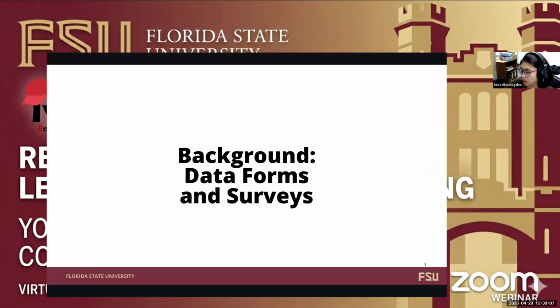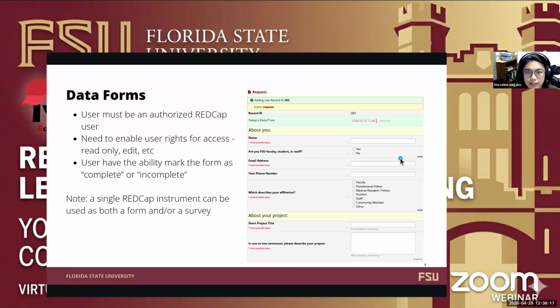So, just a quick overview in terms of background. Depending on the level of experience that you have in REDCap, you'll know that there are data forms and surveys. Our data forms are where your REDCap users are able to enter data. You can change user rights depending on how you want people in the project to access it.